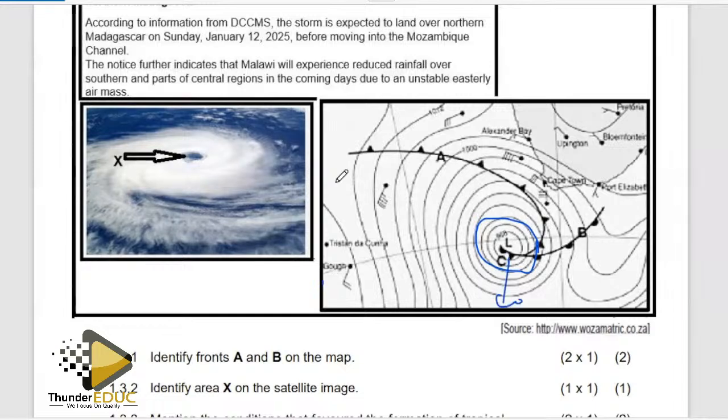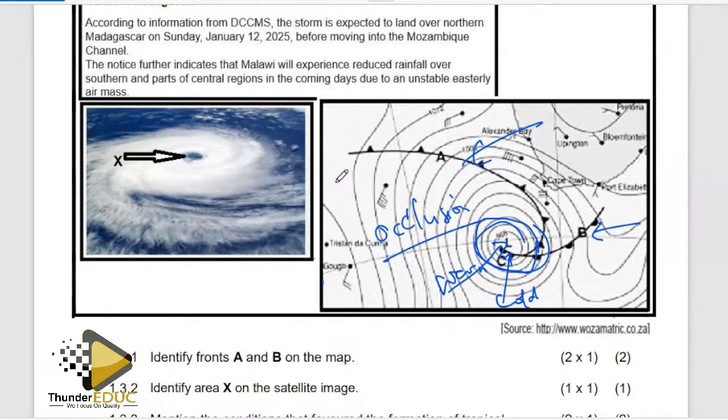This is cold and this is warm, but we are seeing that they are now coexisting on the same line. Previously, the warm was here and the cold was there. But now they are coexisting. This is what we call an occlusion. It's an occluded stage of the formation of the tropical cyclone.